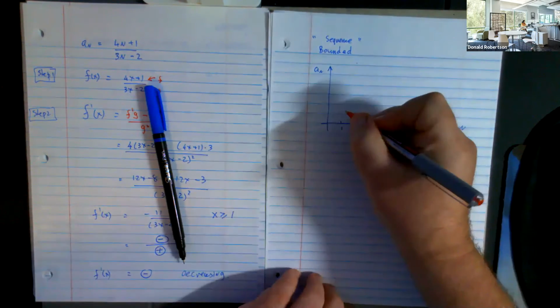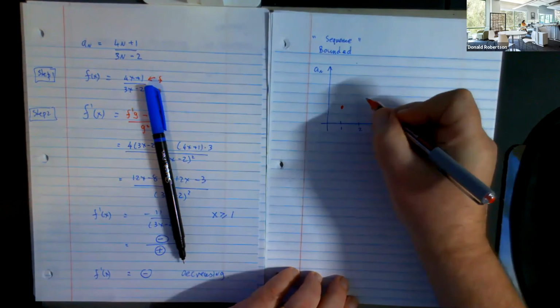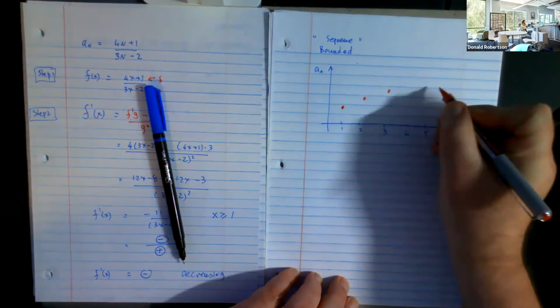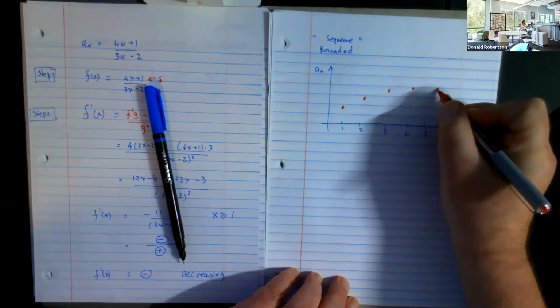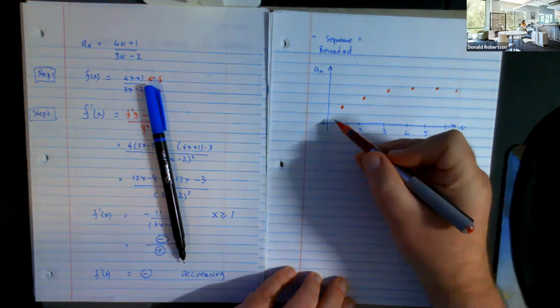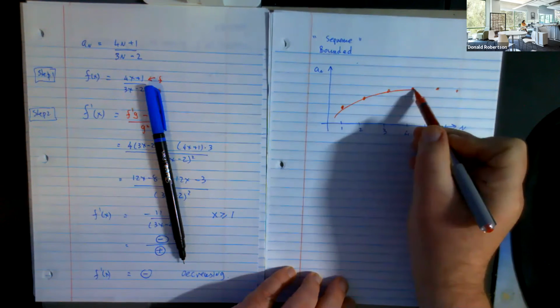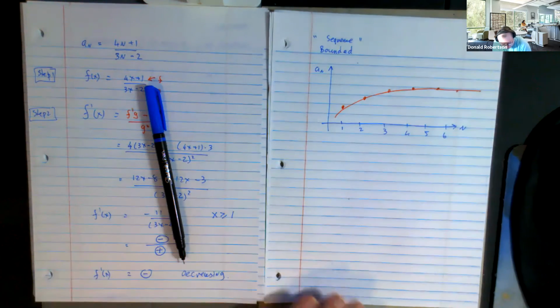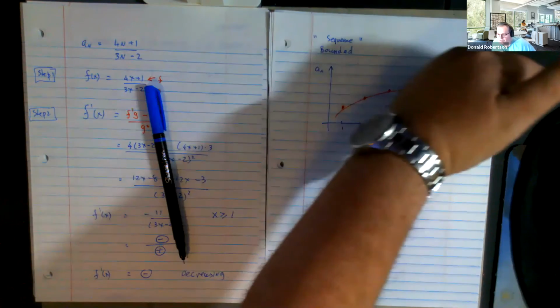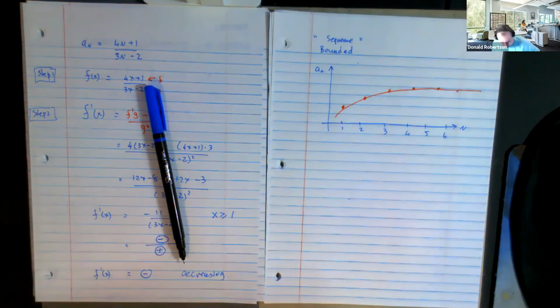It's this one, and then this one, and then this one, and so on. Can you imagine that in the story I'm trying to tell, this particular sequence levels off? It has a limit.